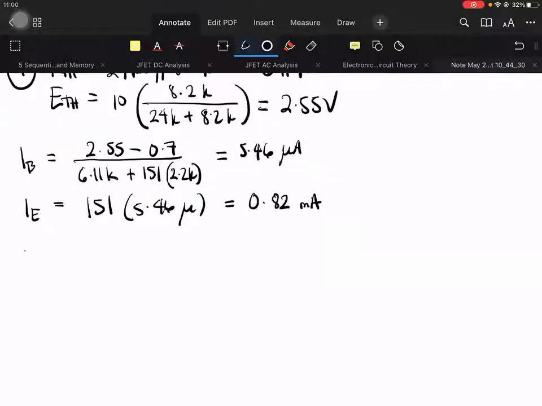And muna natin siya gamitin to solve for small re. 26 millivolts divided by 0.82 milliamps is 31.55 ohms.